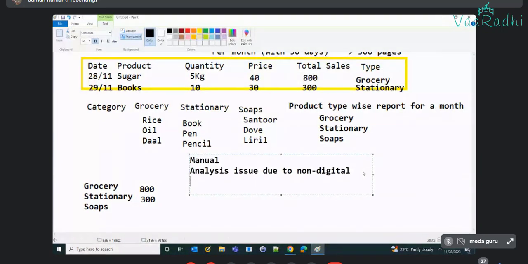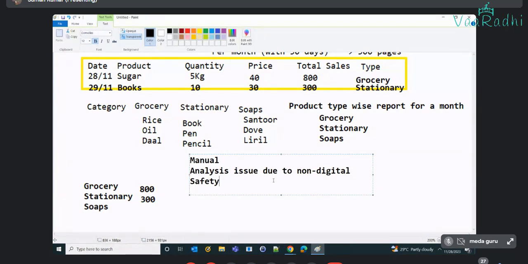True or not? Yes, as it is a manual book, there are chances that when this book is attacked by fire, it will go away. Or when it is attacked by bugs, it will go away. You do not have any track of your previous sales because there is no safety at all for your data.